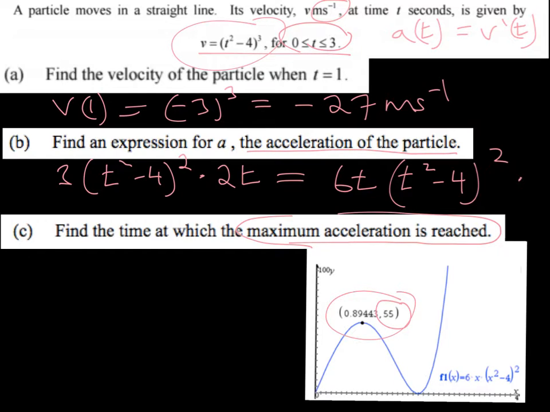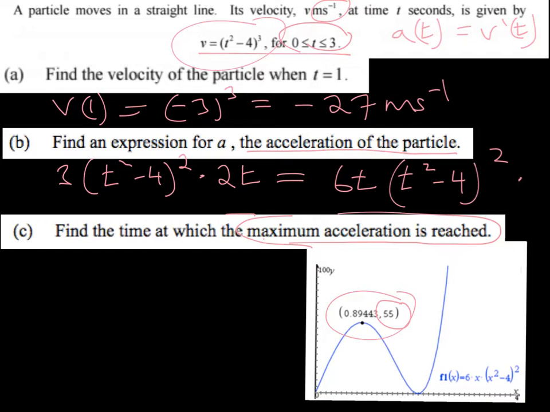So although we have got a local maximum here of 55 at t equals 0.89, we're not specifically asked for the local. It doesn't say local here, it's just the maximum. So we can interpret that then as the global maximum.